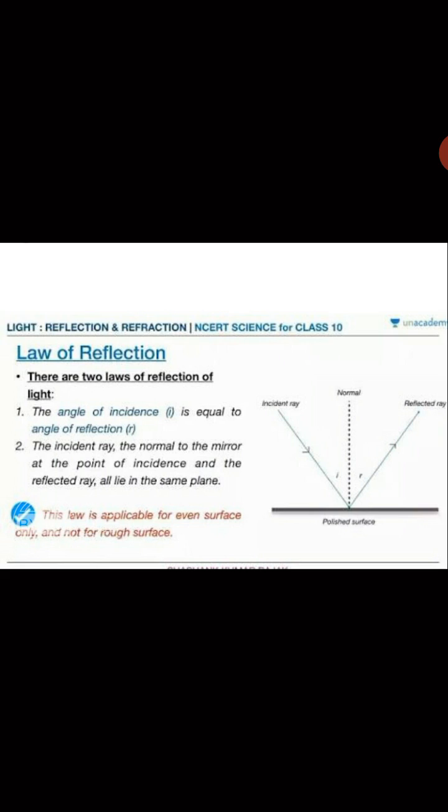There is also a law of reflection. The law of reflection says that when light is getting reflected, the angle of incidence is always equal to the angle of reflection. Here also you see there's a normal in the center, then the incident ray and the normal make an angle of incidence, that is I, to the left, and an angle R is made between the normal and the reflected ray, that is the angle of reflection.